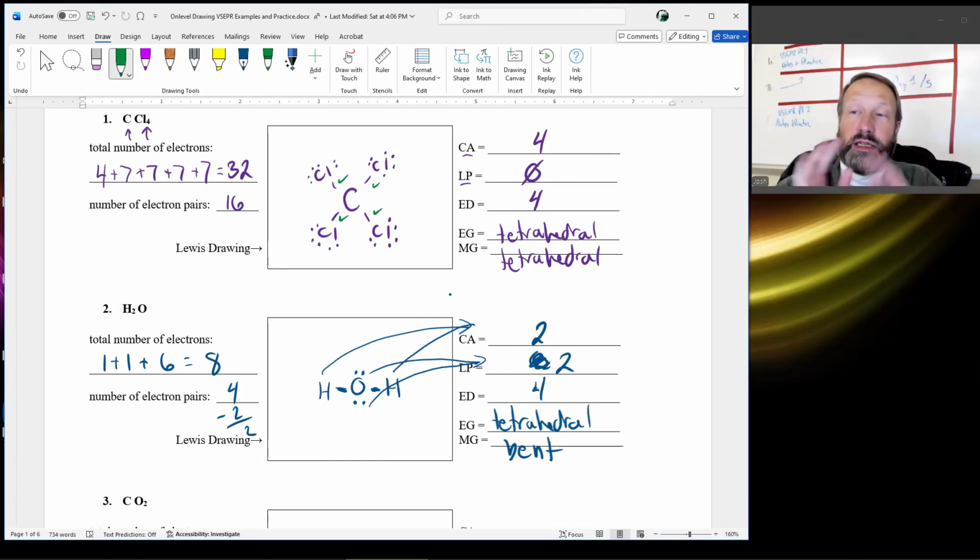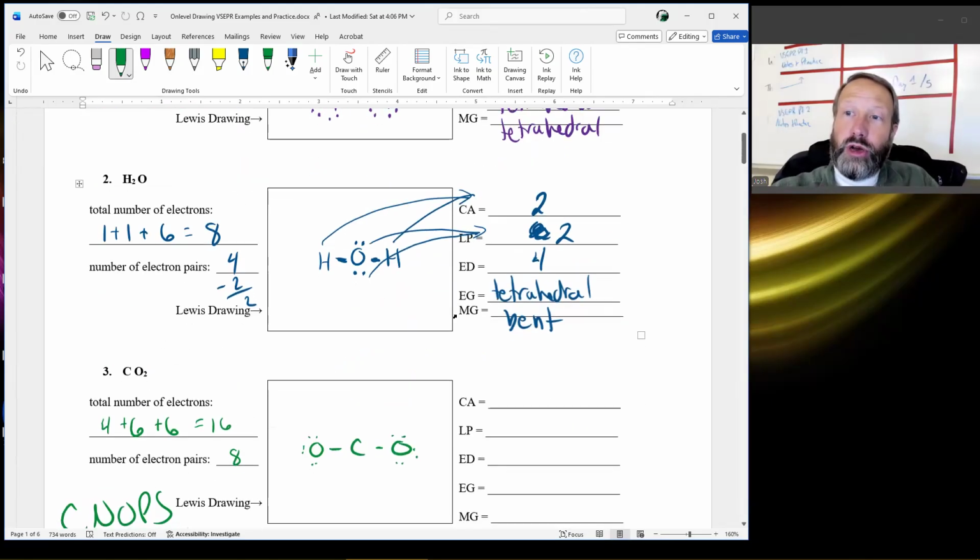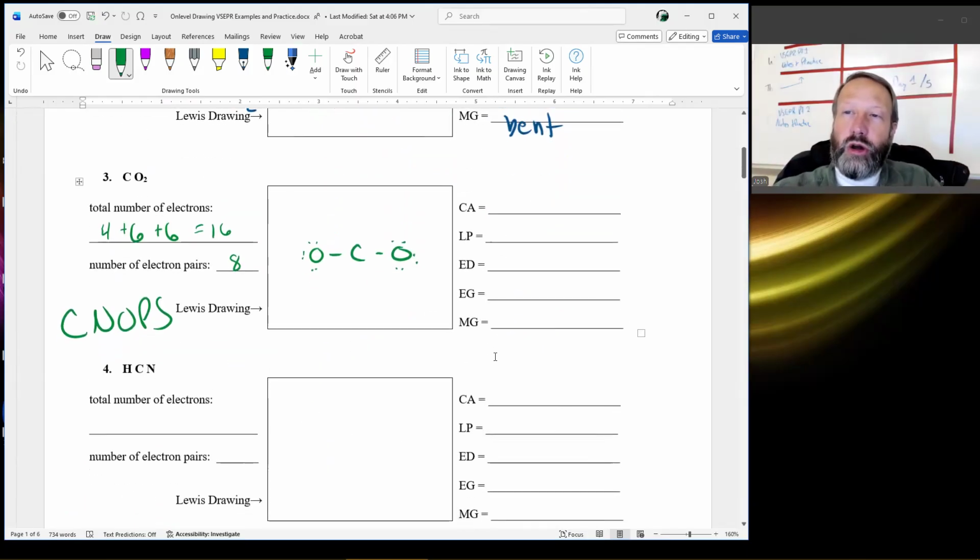So it already had an octet. I didn't have to worry about it with this one. Check out oxygen from earlier. Oxygen's a synapse element. It has 2, 4, 6, 8. Okay, I didn't have to worry about it earlier. But now check out my carbon now. Okay, it only has 2, 4. That's all I've got.